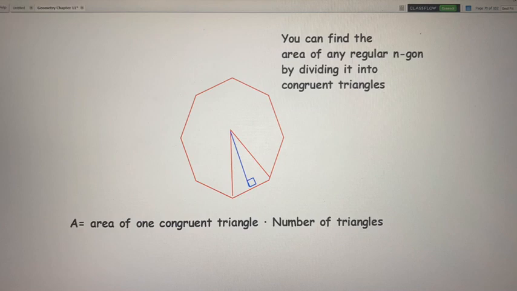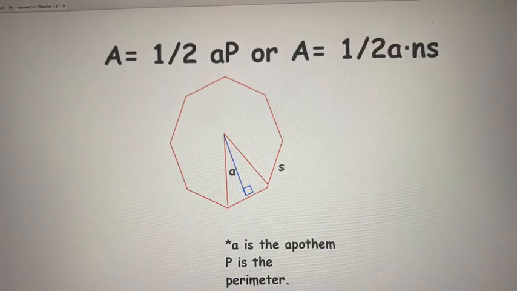Now, we can also say that the area, A, again an uppercase A, is equal to 1/2 times a lowercase a and an uppercase P. That lowercase a is the apothem. The uppercase P stands for the perimeter. So we can say half of the apothem times the perimeter. Or we can say half of the apothem times n times s, where n is the number of sides and s is the side length.